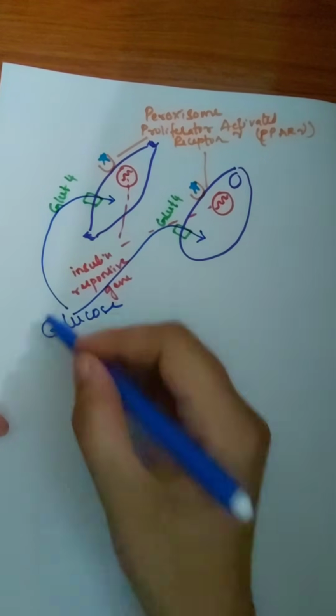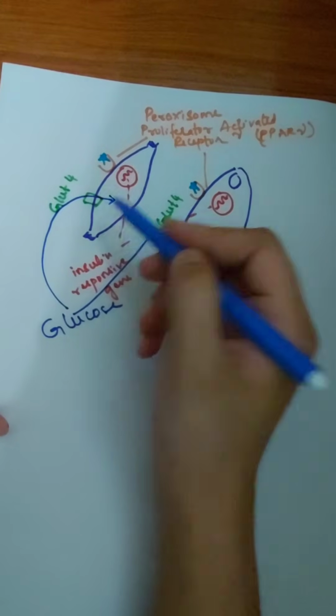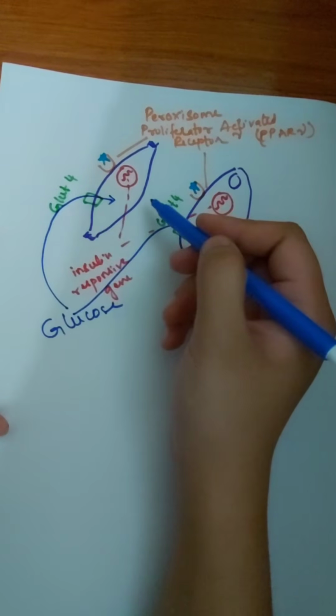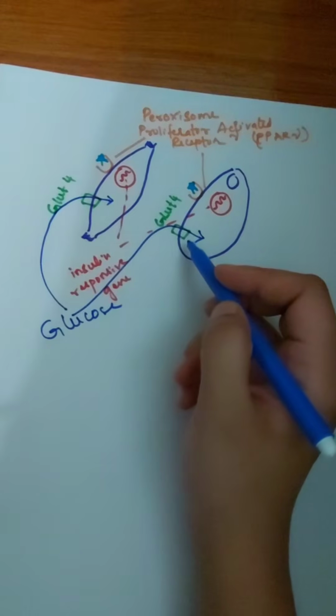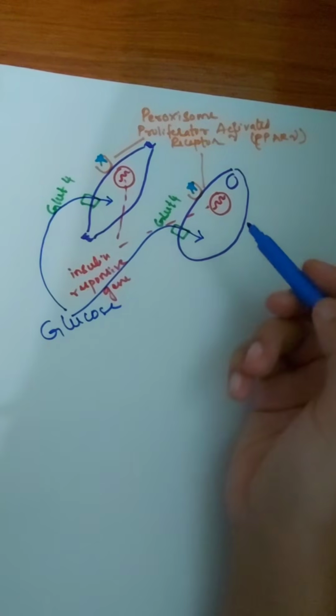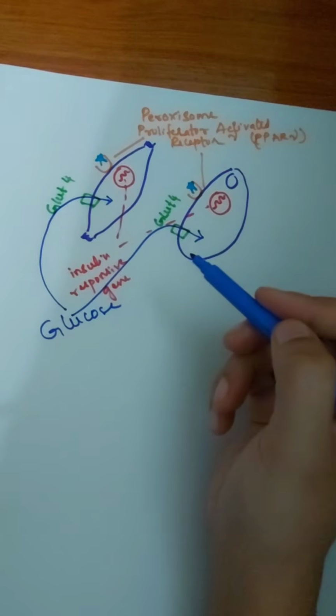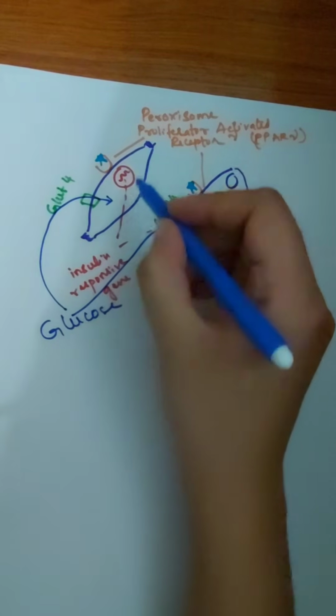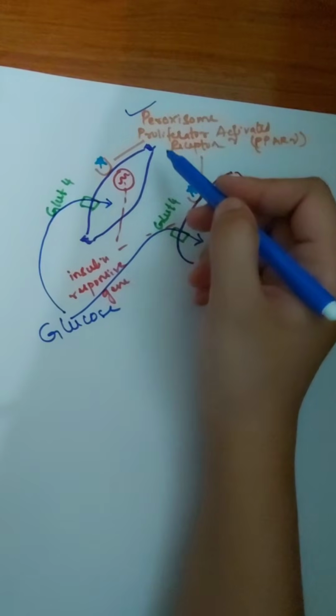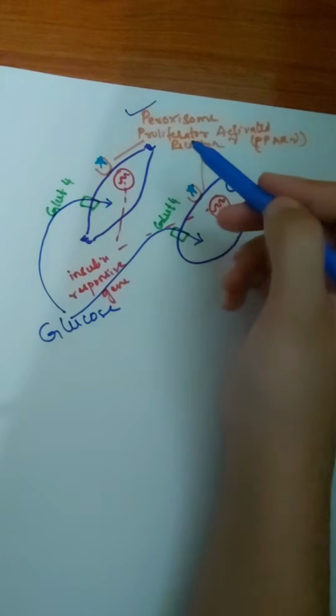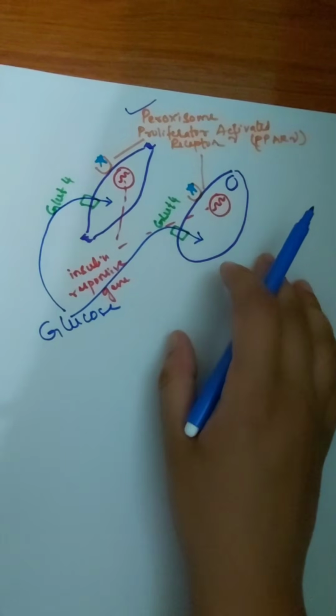Okay, so when glucose is transported to skeletal muscle, obviously glucose is converted into glycogen, and when it is transported to adipose tissue, obviously lipogenesis will take place. So this is the mechanism of action. And in addition to the activation of this receptor, what else will it do? It will reduce hepatic gluconeogenesis.